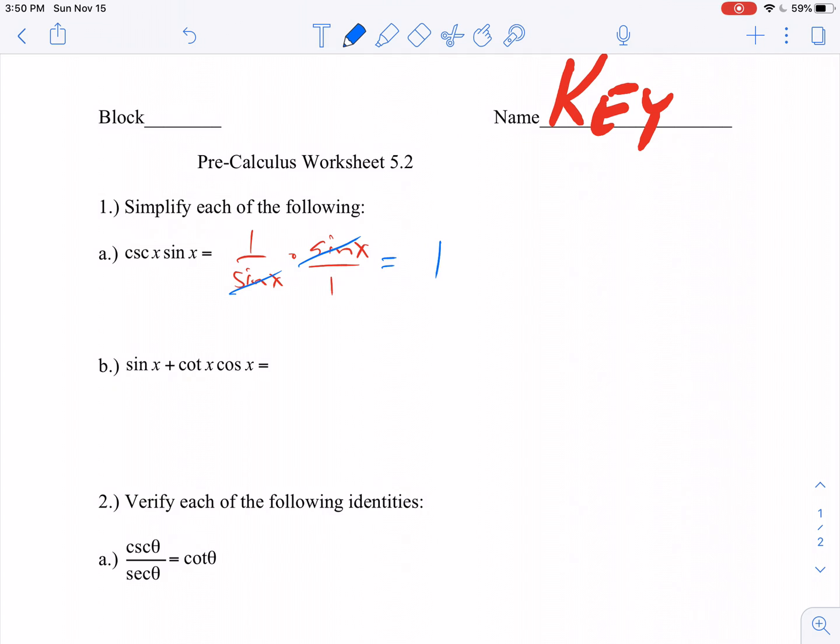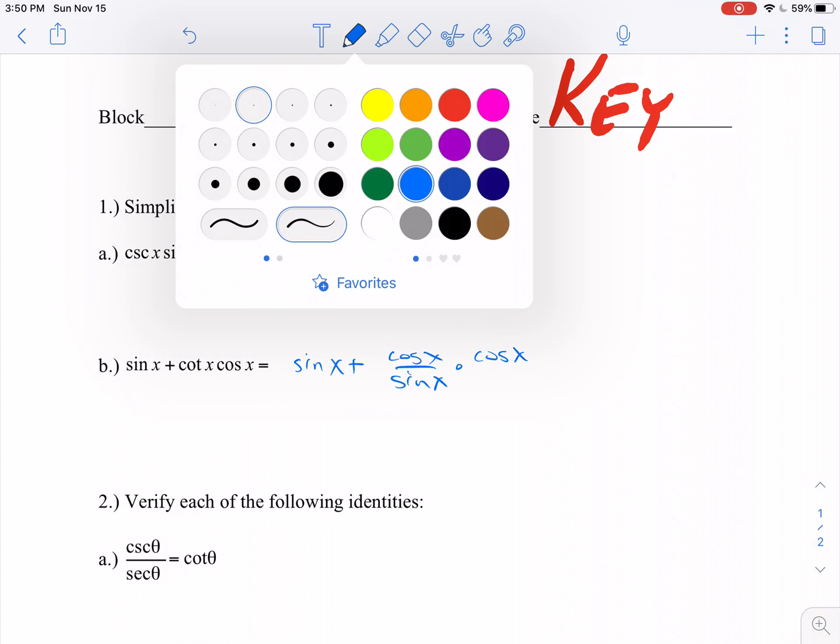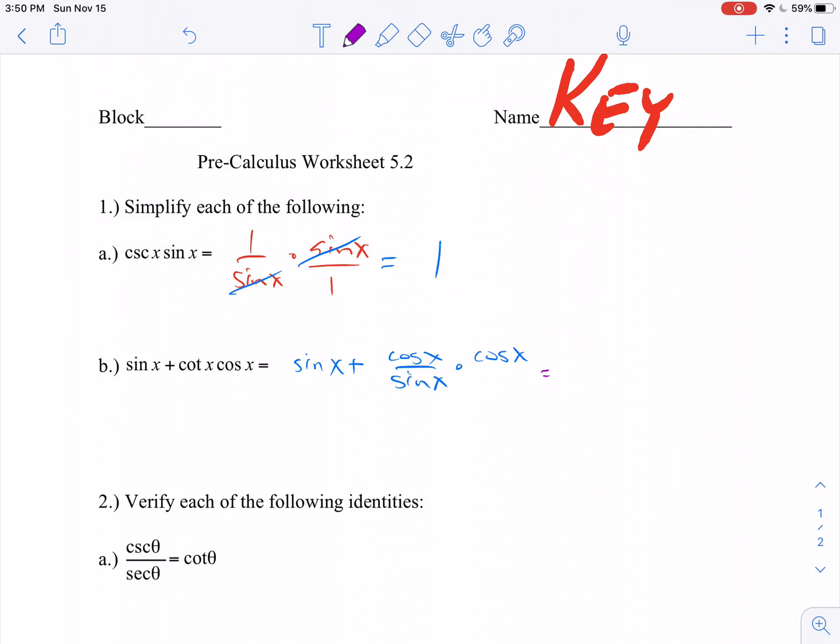In part B, cotangent, right? I can do my sine of x plus cosine of x over sine of x times cosine of x. And so that turns into sine of x over 1 plus cosine squared of x over sine of x.